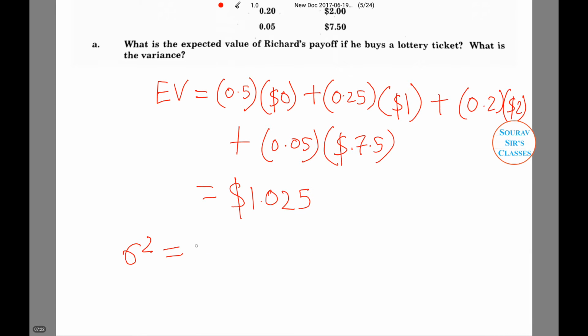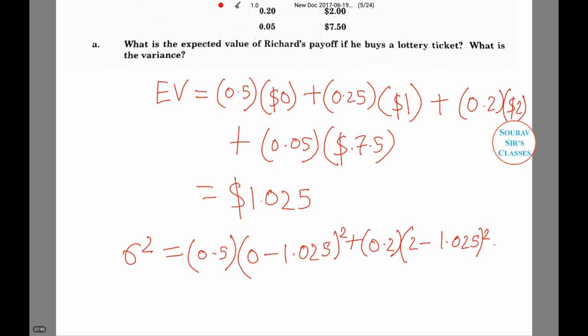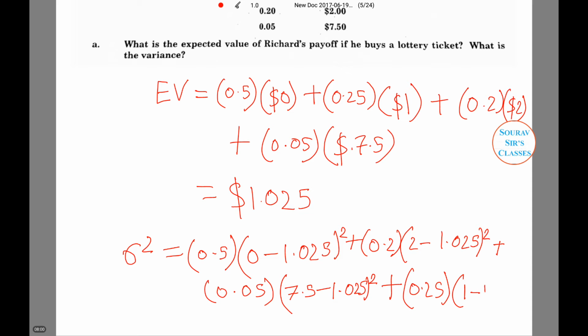Hence, sigma square equals 0.5 into (0 minus 1.025) whole square plus 0.2 into (2 minus 1.025) whole square plus 0.05 into (7.5 minus 1.025) plus 0.25 into (1 minus 1.025) whole square. This amounts to 2,812.